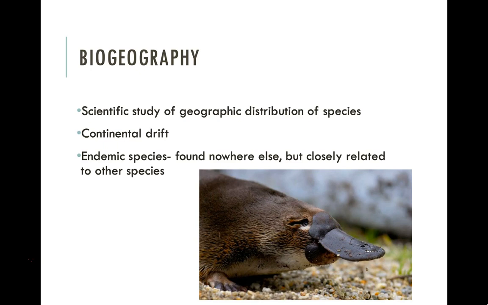So our last bit of evidence that helps us support evolution is biogeography. Biogeography is just the study of how species are distributed across the earth. This allows us to see where organisms would have come from, where they originated and where they spread out from.